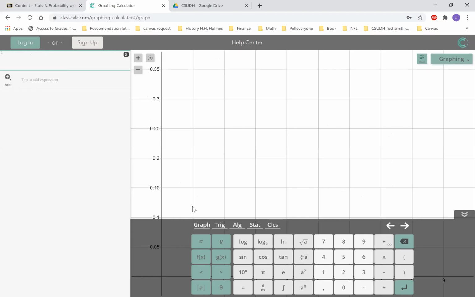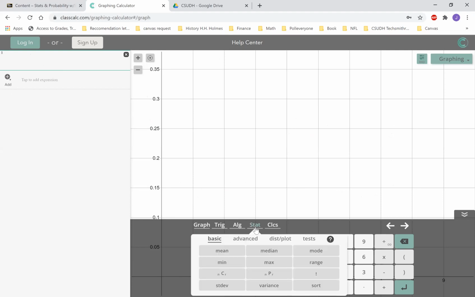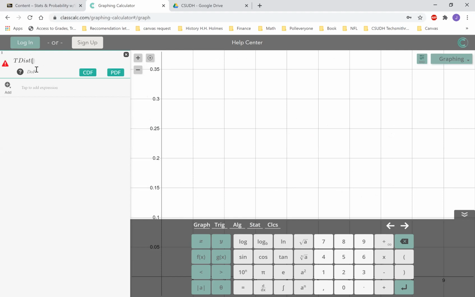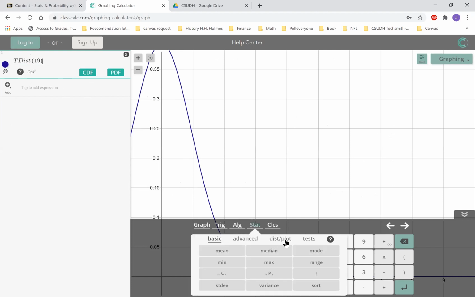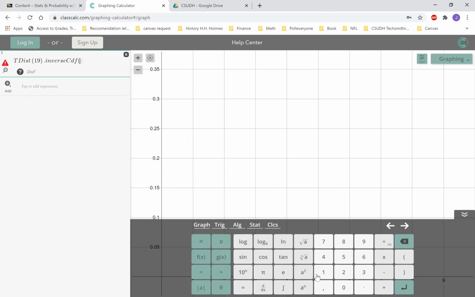So let's go over here. So to do this, we're gonna go to stats, we're gonna go to distribution, we're gonna go T distribution. So the first thing it asks me, degrees of freedom is 19. So the next thing we wanna do, we wanna find the inverse. So you do inverse CDF and you do 0.025.